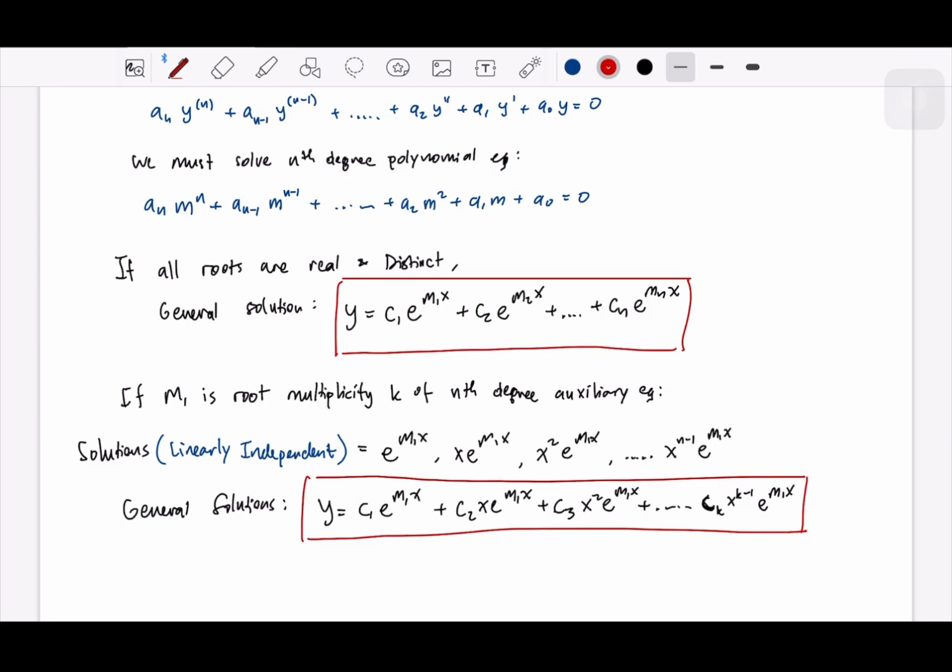So we can combine. If we have real distinct roots, and maybe the other part has the same root multiplicity, so maybe m1 with m2 the same root, we are going to have this combination too.